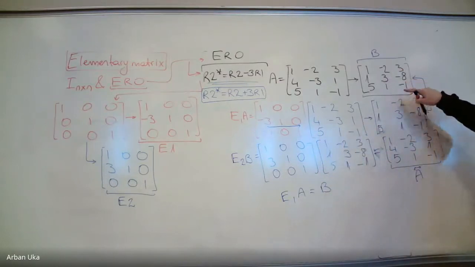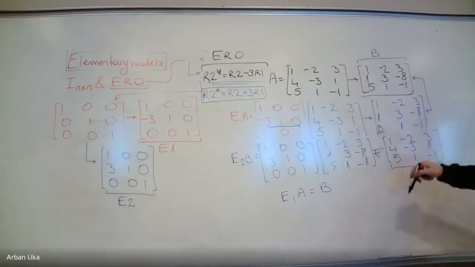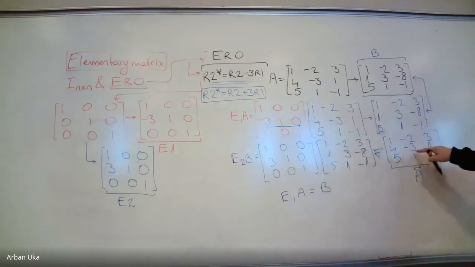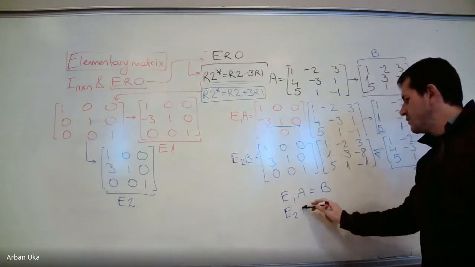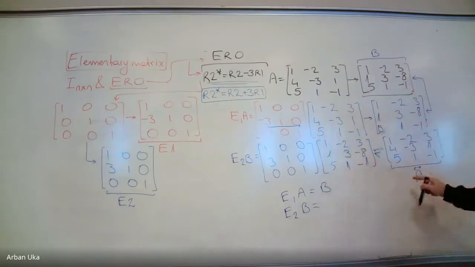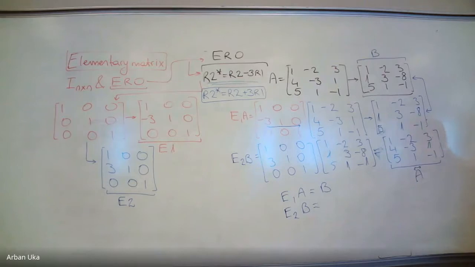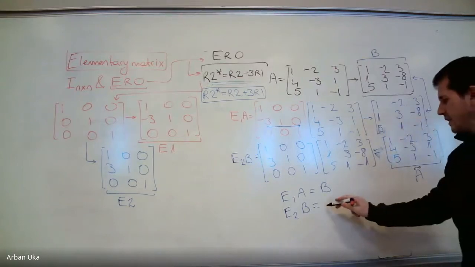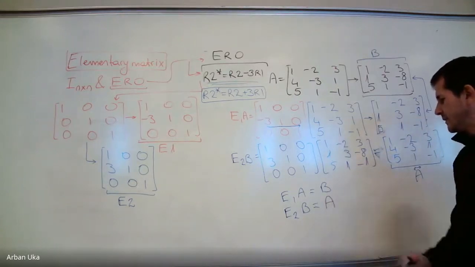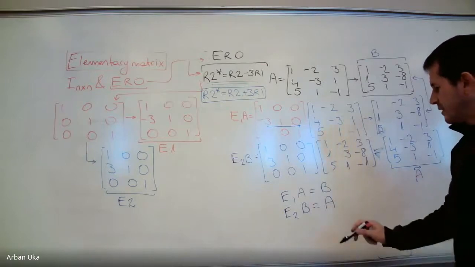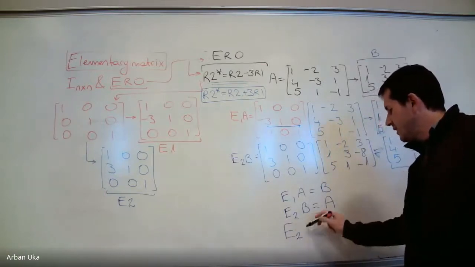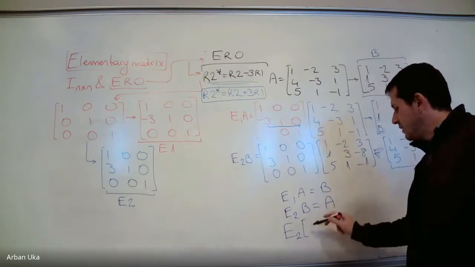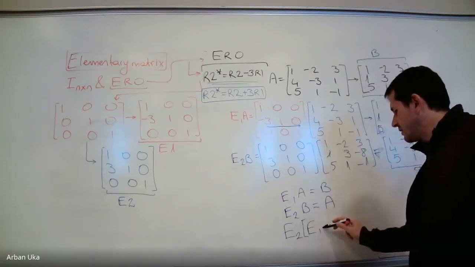Because this was B, this is also B. And then in this row, we did E2 times B. What did we get? We got A. But then, what is B? We say E2 times, instead of B, let's write E1 times A.